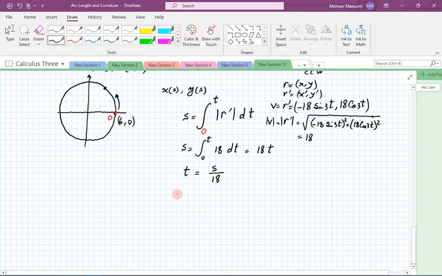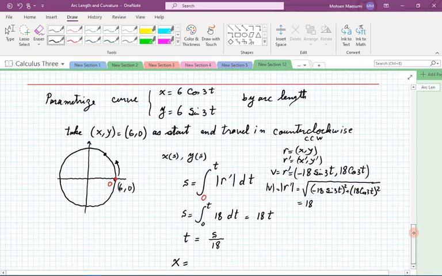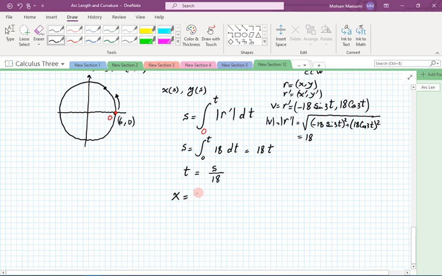So I'll have x. It was previously 6 cosine of 3t. Now it becomes 6 cosine of 3, instead of t, I put s over 18. And same with y. So y was 6 sine of 3t.